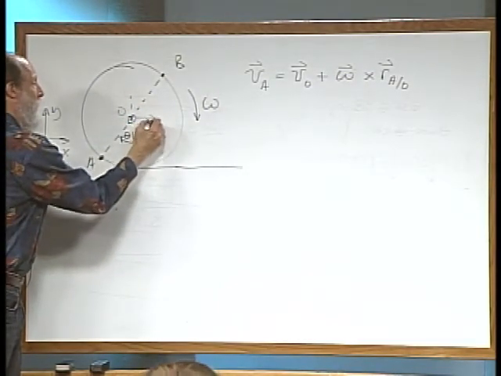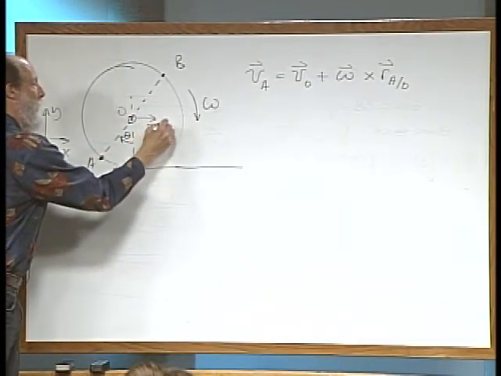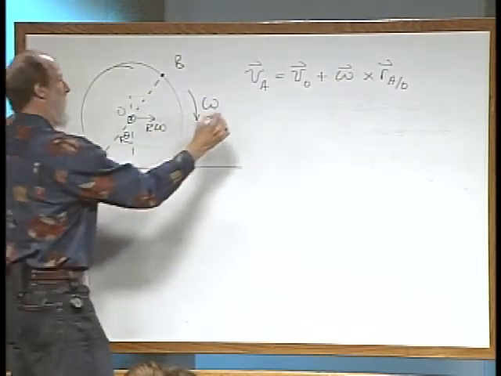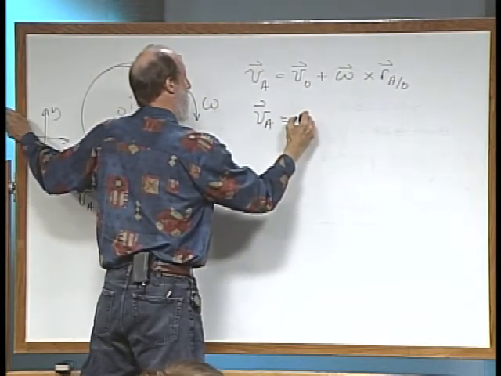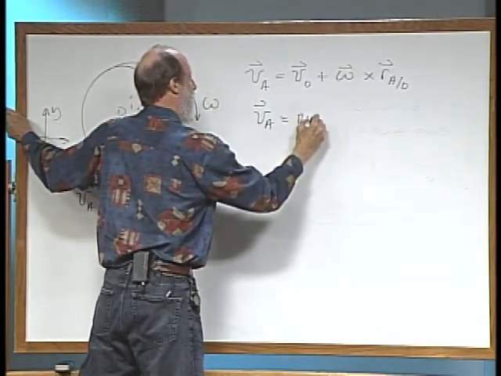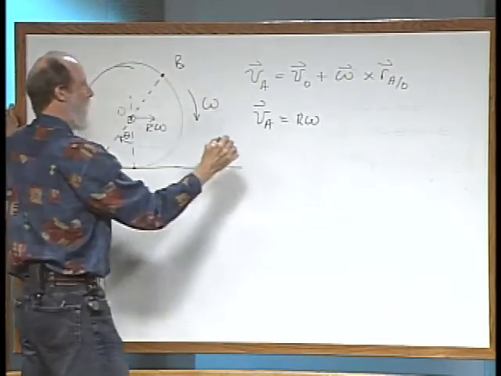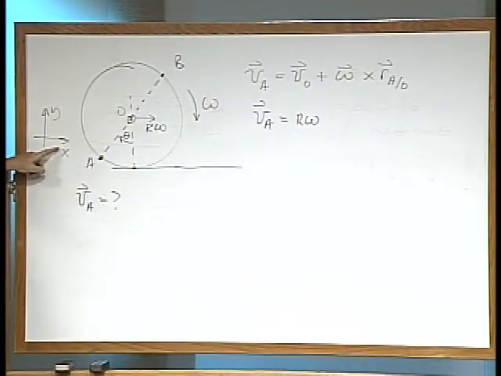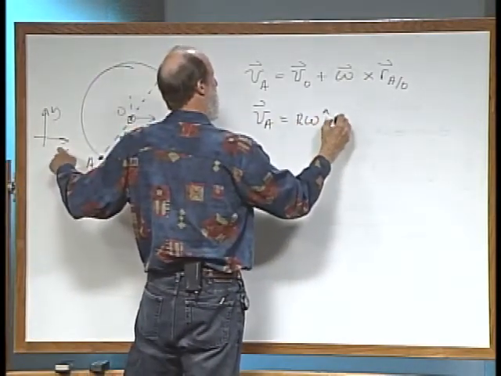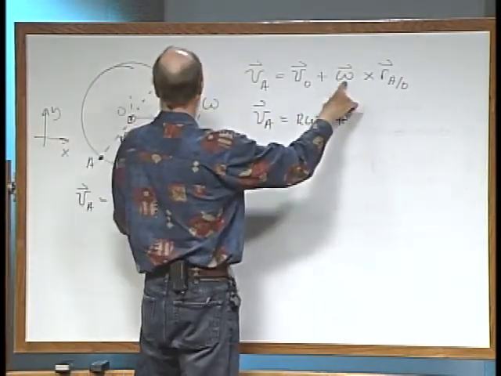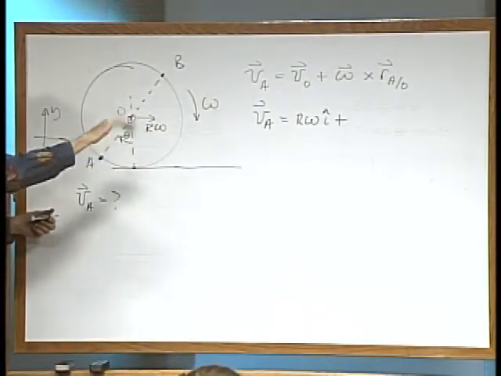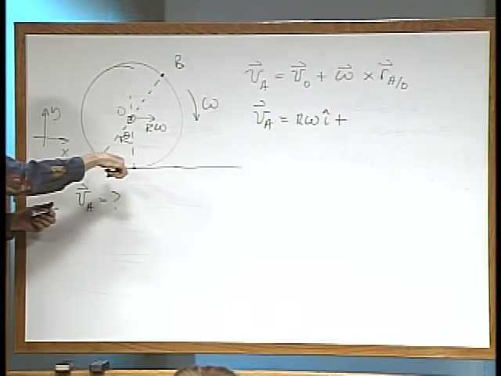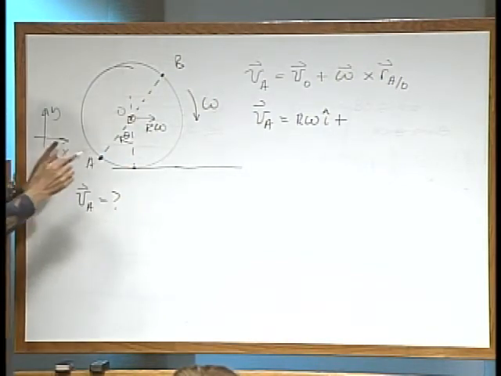So we have that v_A is equal to r omega in the x, i hat, plus omega is clockwise, so you can call it into the board, that's negative k hat.